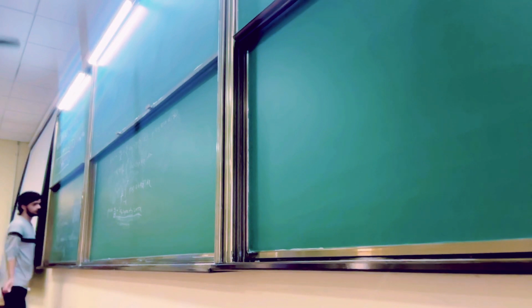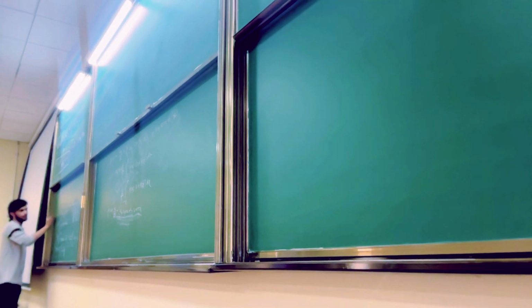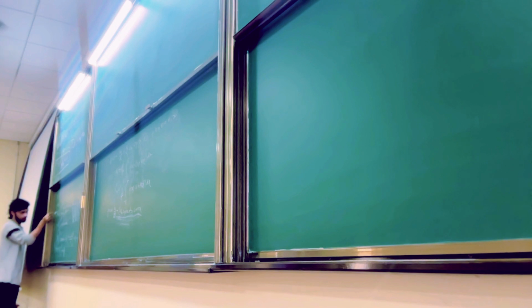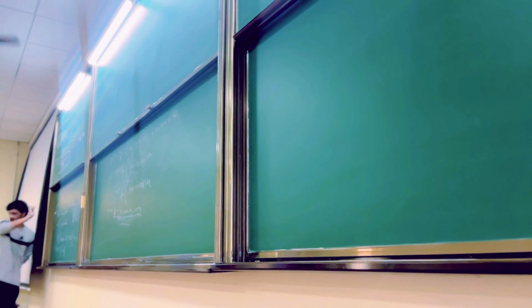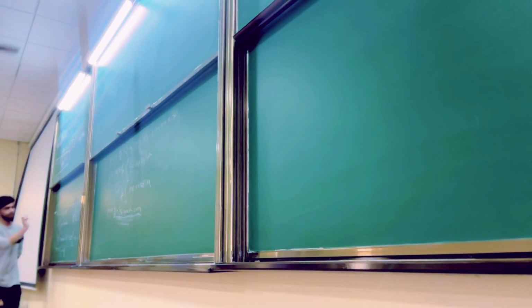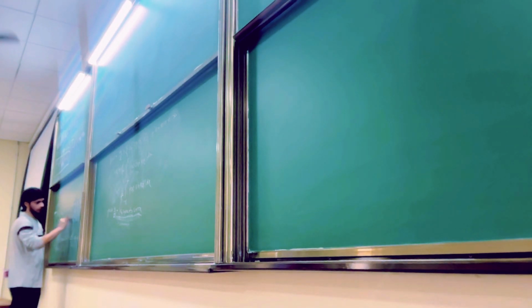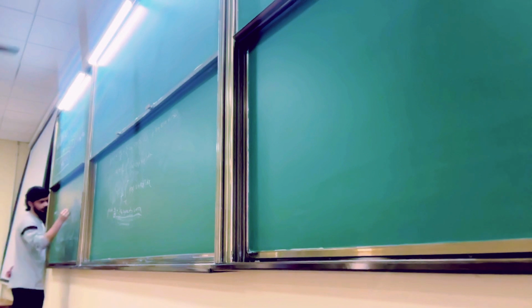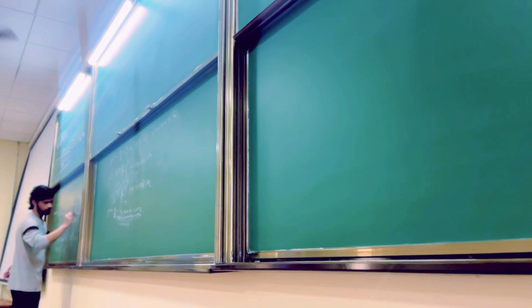Jump discontinuity means from minus pi to 0, fx is 0, and from 0 to pi, fx is 1. So fx jumps from this to this. This is called jump discontinuity. At x equal to 0, fx has a jump discontinuity. And if fx has a jump discontinuity at that point, let's say at 0, then the value at 0 can be obtained from this, not from the Fourier series.